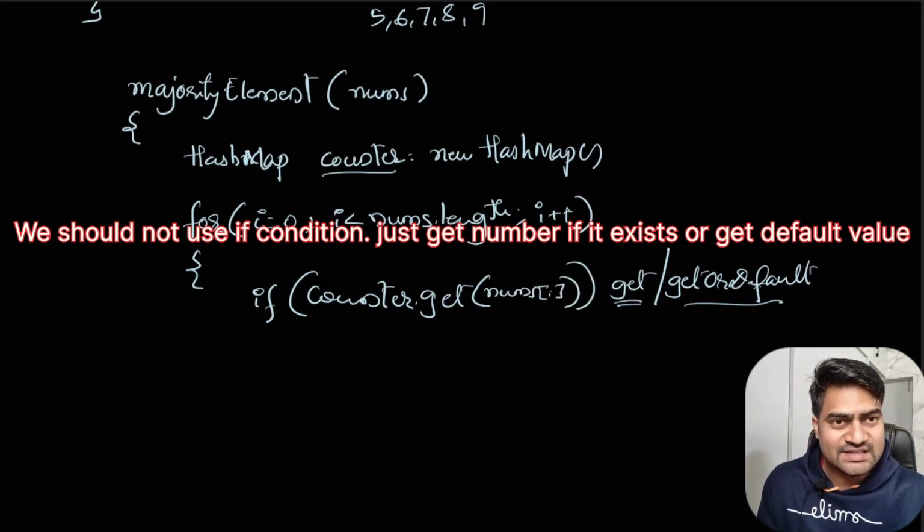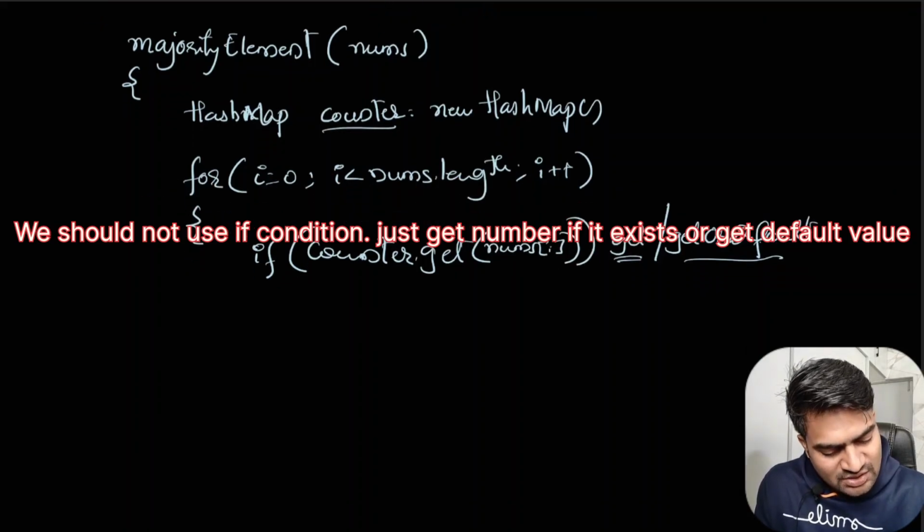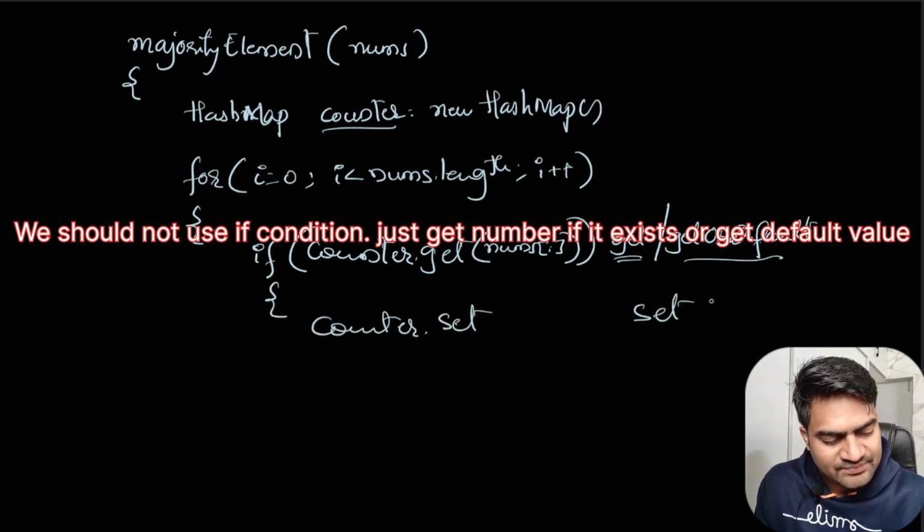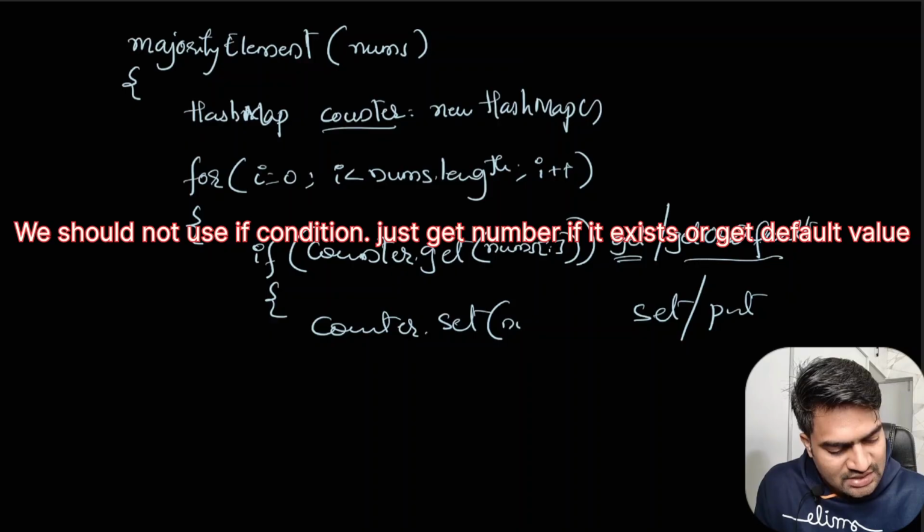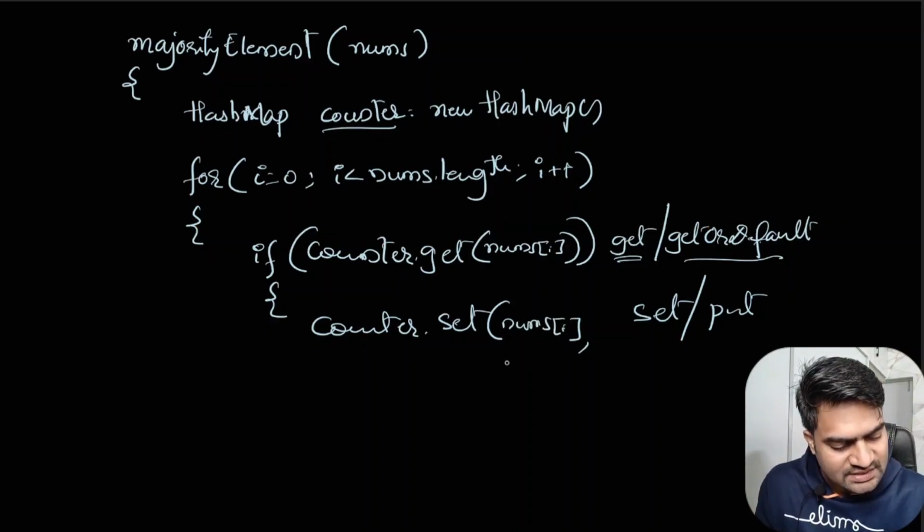So if it contains the number, then I will simply say counter.set in JavaScript and put in Java. So set nums[i], then I need to pass its count.